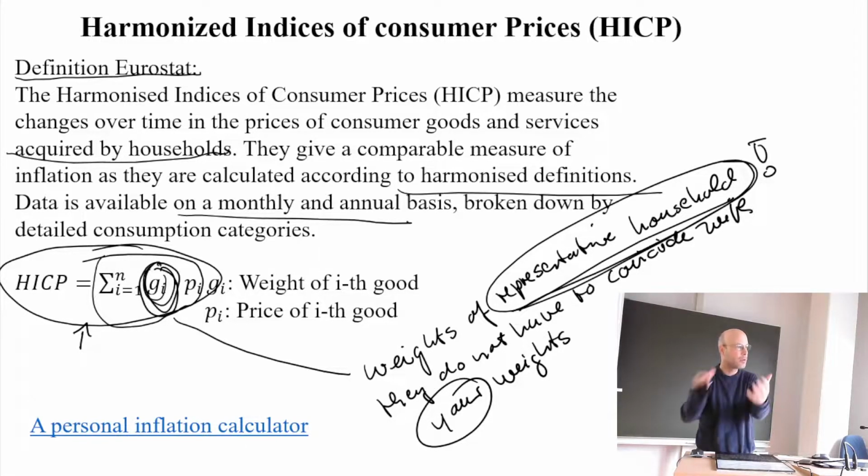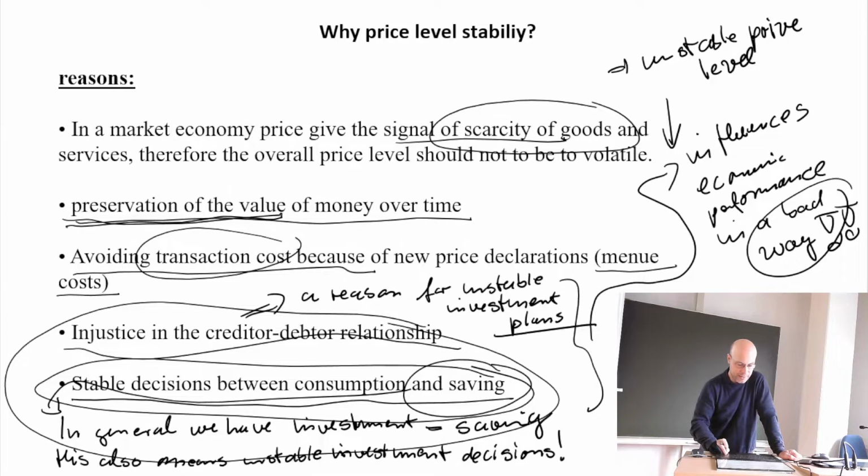So we always look at what an average household is consuming, and then we change also these weights, and they are then really set by definition, compared to the GDP deflator here.